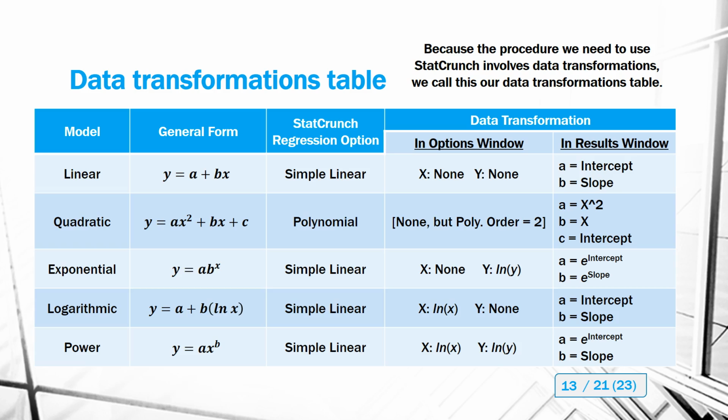So all of that's on the same sheet. You can just download that from Blackboard and use it to your heart's content. This actually lets you know which nonlinear model type you need to be making, and it also tells you what options to select in StatCrunch and how to interpret the results so that you can get the answers you're looking for.